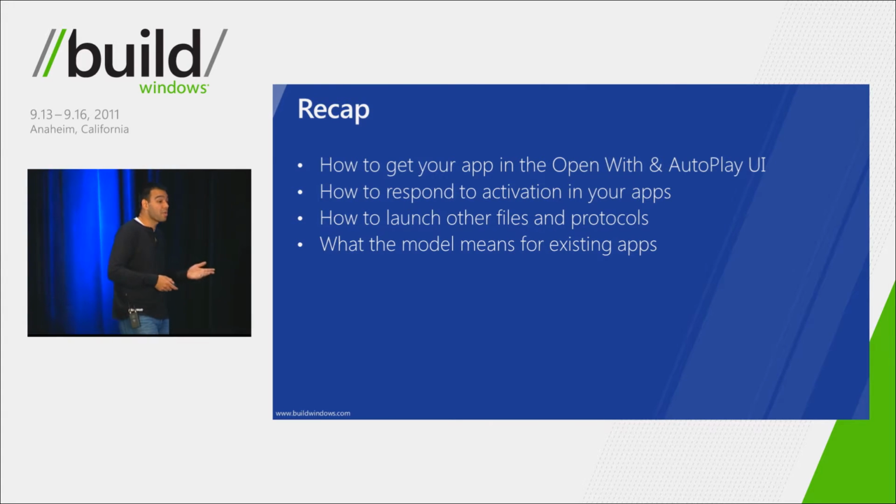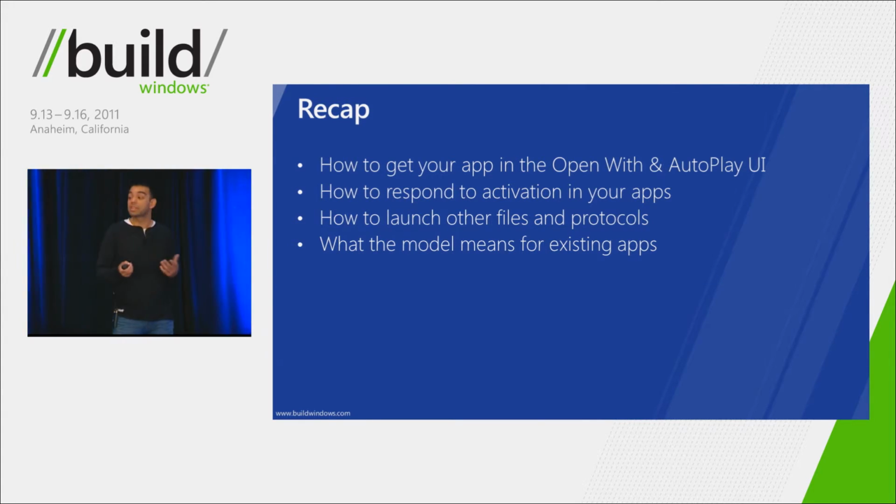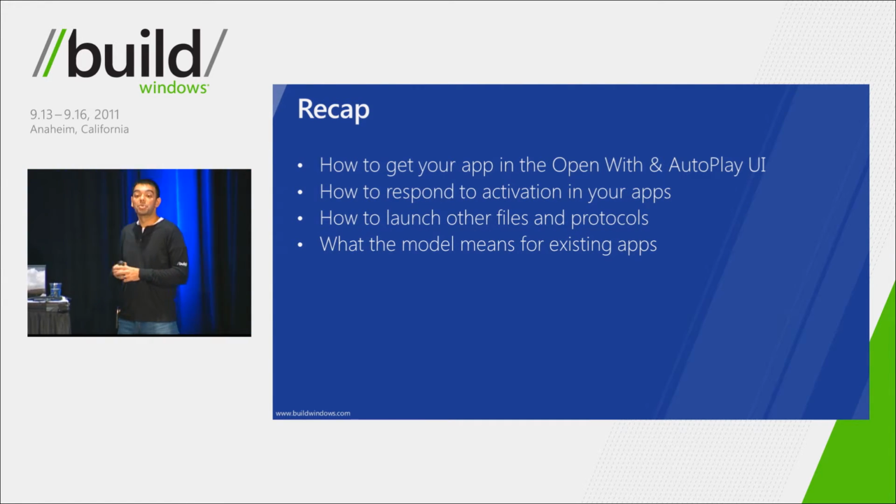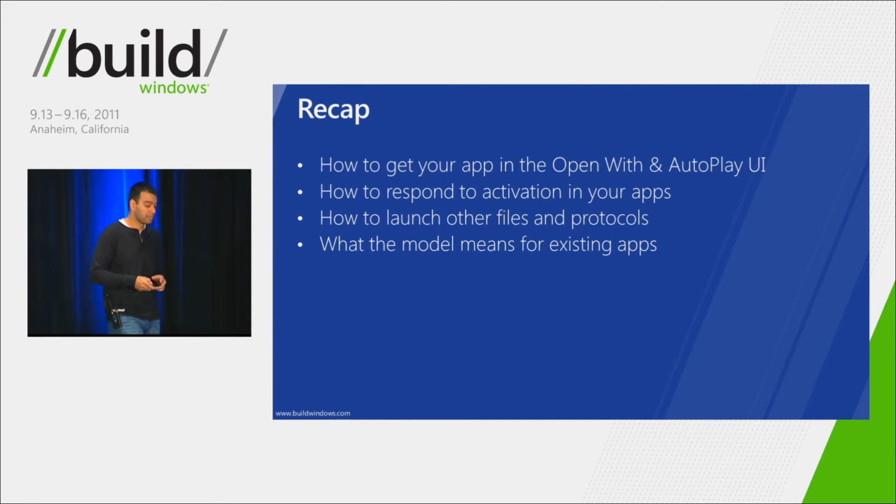We've talked about how you can launch other applications from within your application if you can't support a default specific type of file within your application. And we've talked a little bit about what this means to existing applications and the evolution of the file type, protocol and association model going forward.